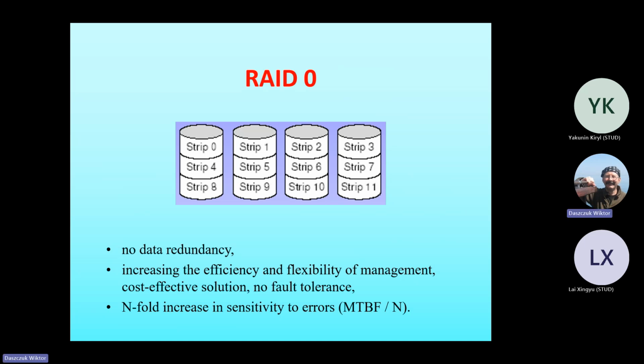RAID 0 is splitting data between disks. What do we achieve? Faster access. Because, as I showed you, reading or writing of data is preceded by some operations like moving heads, activating heads. So if we read some sequence of data, we can read data from stripe 0.